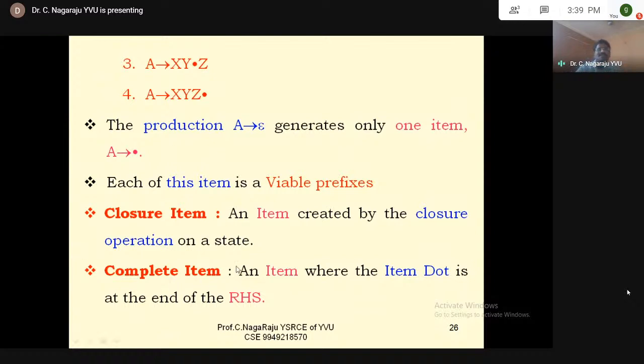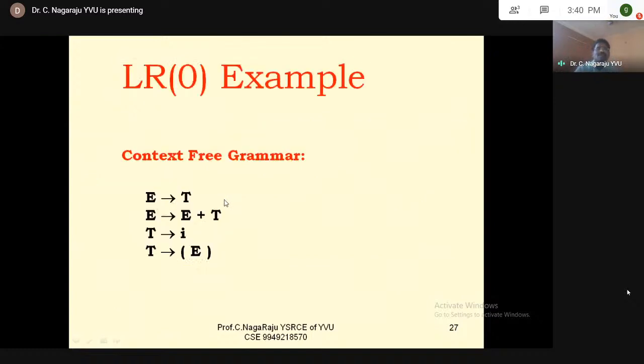Then a complete item: an item where the dot is at the end of the right hand side. I already showed that. If the item's dot is at the end of the production, we can say that it is a complete item. Otherwise, it is called a not complete item, and then we have to complete it. So these are the things.